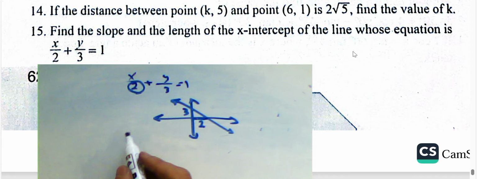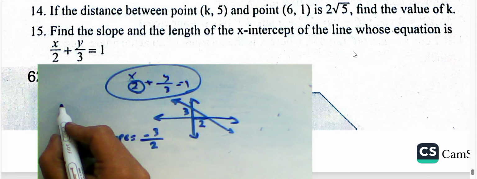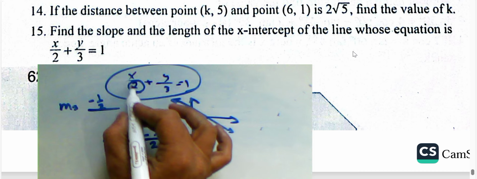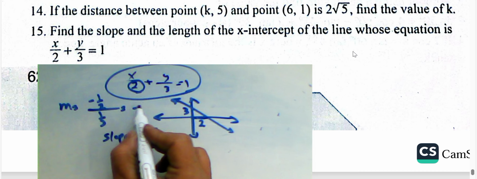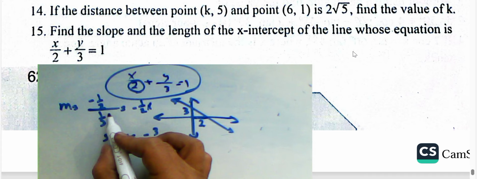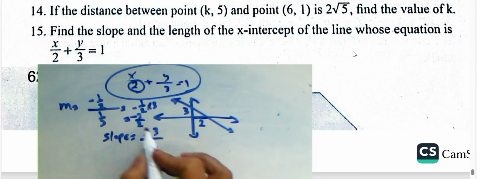The slope is negative 3 over 2, or you can derive the slope from this equation: the slope is negative the coefficient of x over the coefficient of y. Then we can write negative 1 over 2 divided by 1 over 3. Convert from division to multiplication with the reciprocal, and the result will be negative 3 over 2.